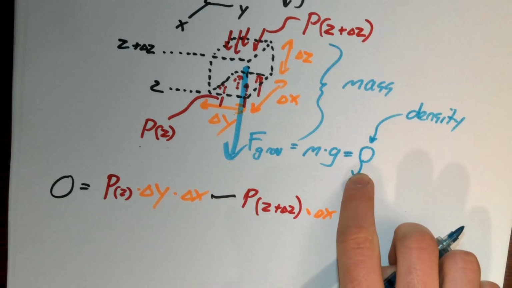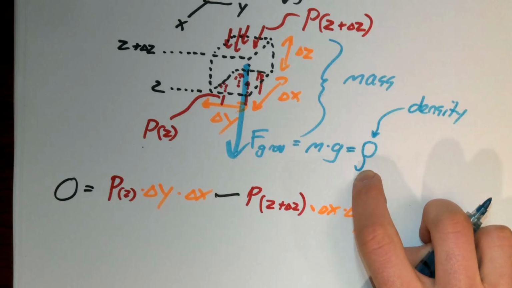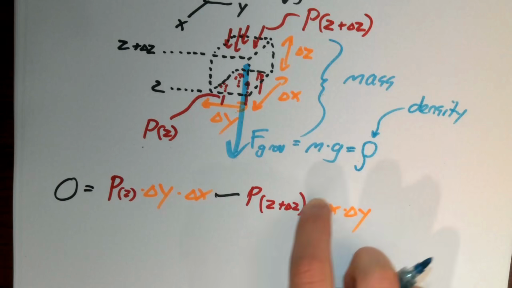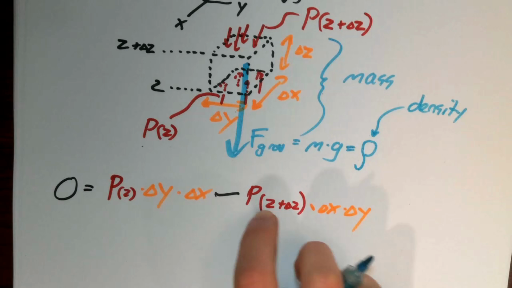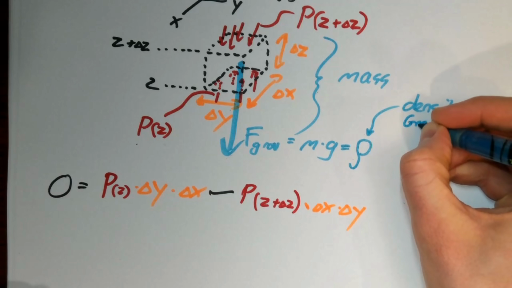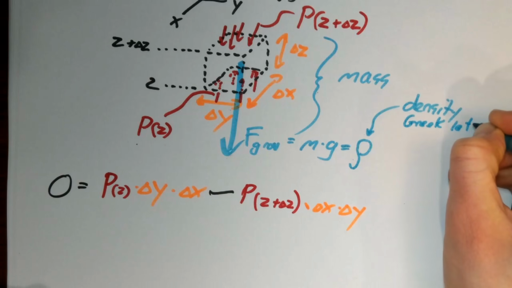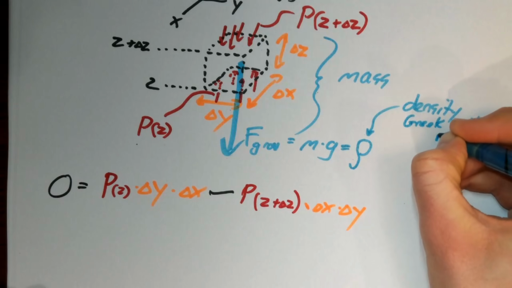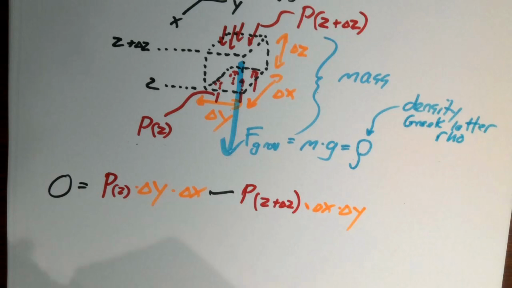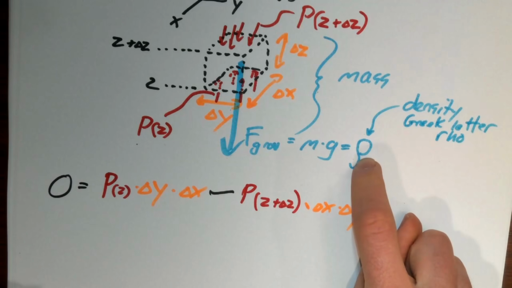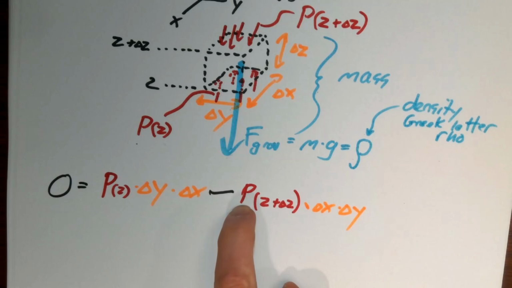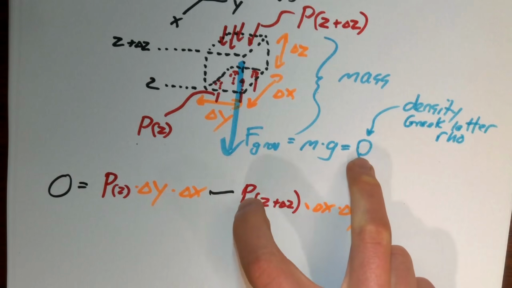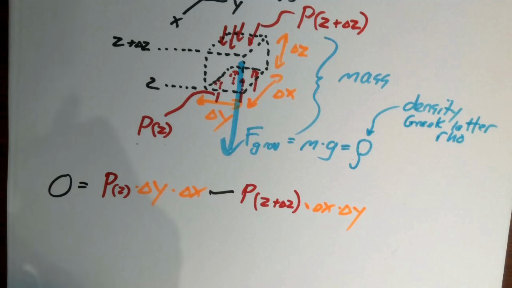And I want to make a distinction here between what I'm drawing as the Greek letter rho, which I'm giving a little curly tail, in contrast to p. Greek letter rho is going to be density. Capital P is going to be pressure. And these two are different from one another, so you've got to be careful there.